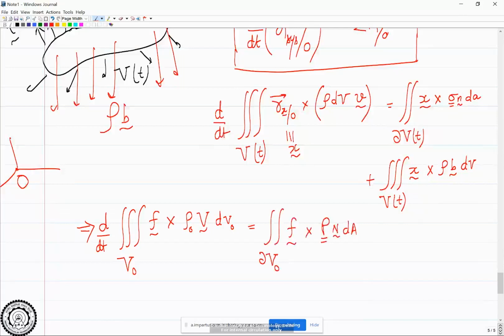That's from the definition of first Piola-Kirchhoff. And then the last term is plus integral over V naught of little f cross product rho naught B dV naught. Okay, I hope this is clear to everyone.